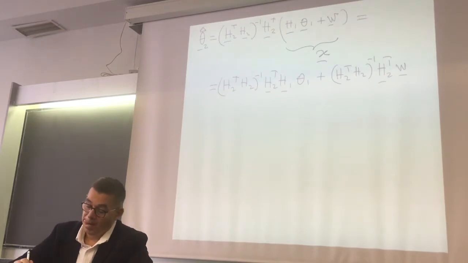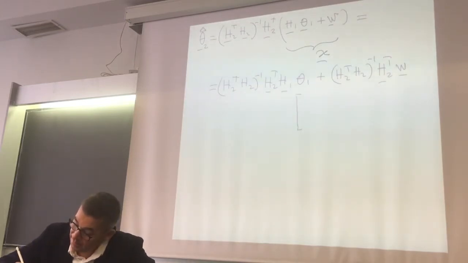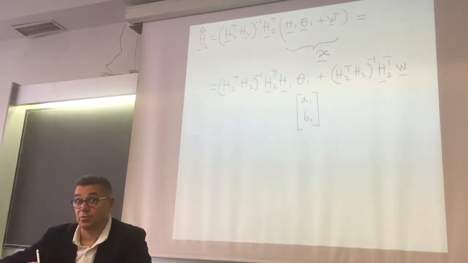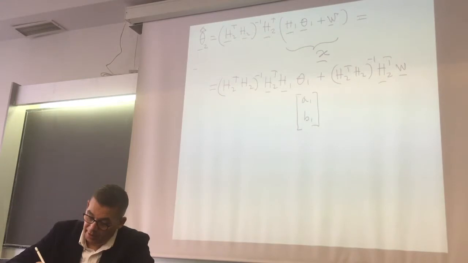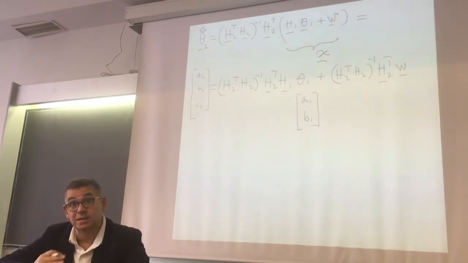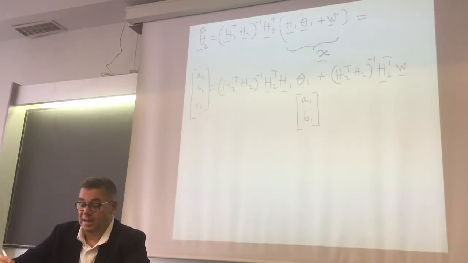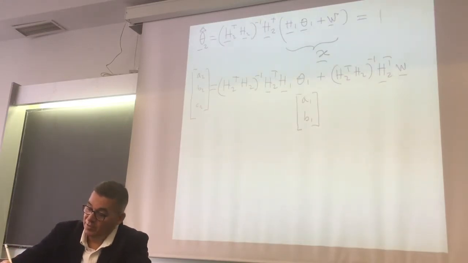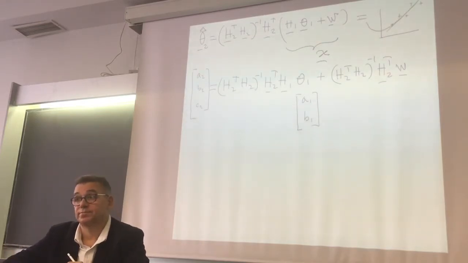Now, remember, this is A1, B1, and these are the true parameters. On the other hand, I have A2, B2, C2. When I'm modeling, I'm representing my system with three parameters. Basically, my experiment is given by a line, and I'm trying to fit with a parabolic pattern.